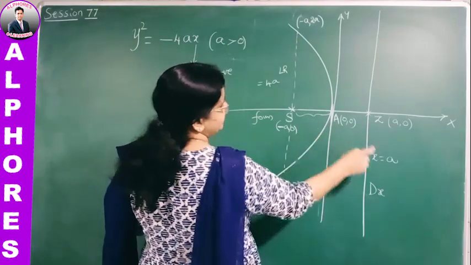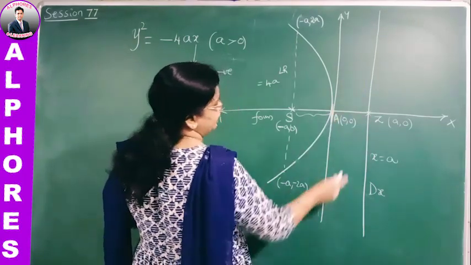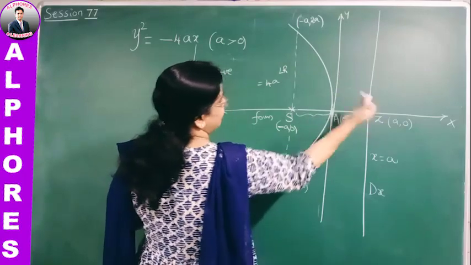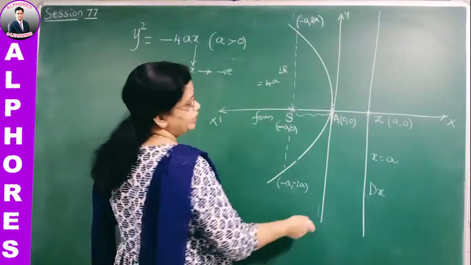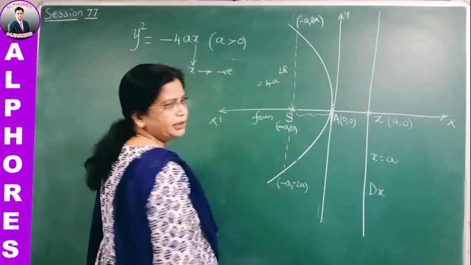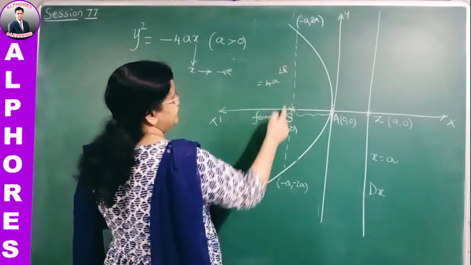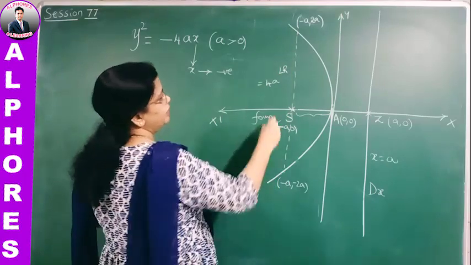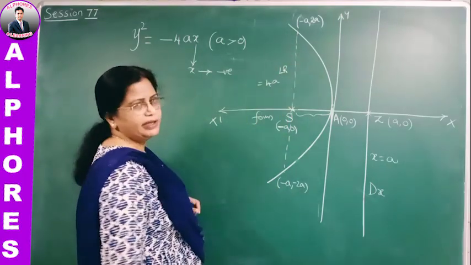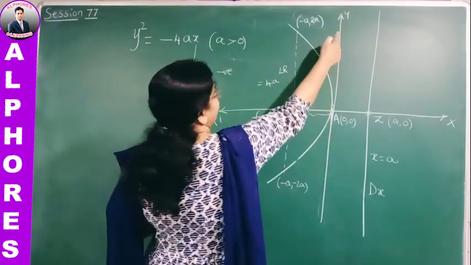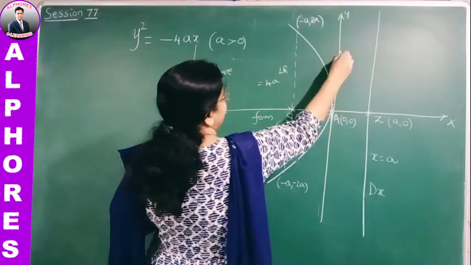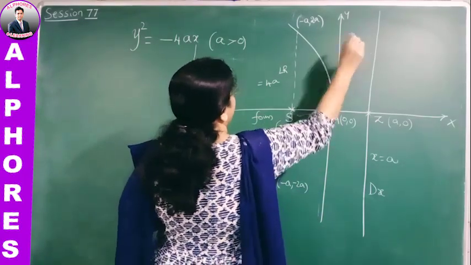And next one is the equation of directrix. So directrix is falling exactly this side. So what is directrix here? It is x equal to a. So this is our directrix equation, followed by latus rectum equation. How is it coming here? X is equal to minus a. Understand? And this one is our tangent at the vertex, that is nothing but x equal to 0.